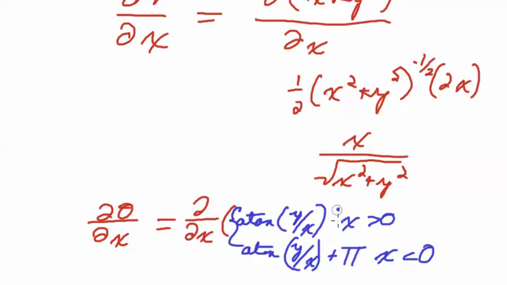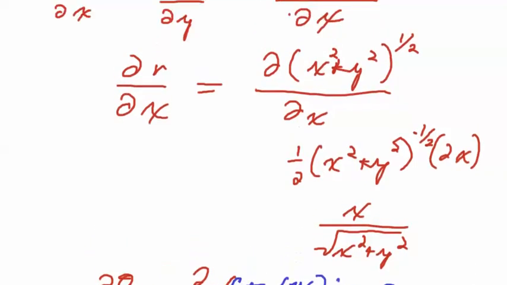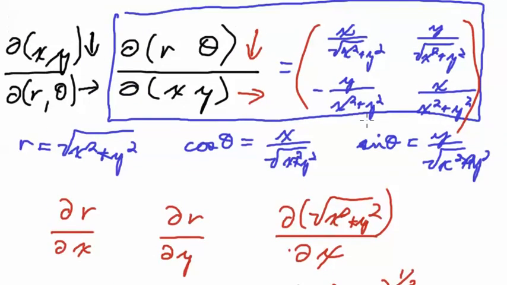Sorry, my calculus skills are pretty primitive. I don't know how to get that, but I think I'm going to trust for now that it does come out to be negative y over x squared plus y squared and x over x squared plus y squared. But let's see what those come out to be in trig.